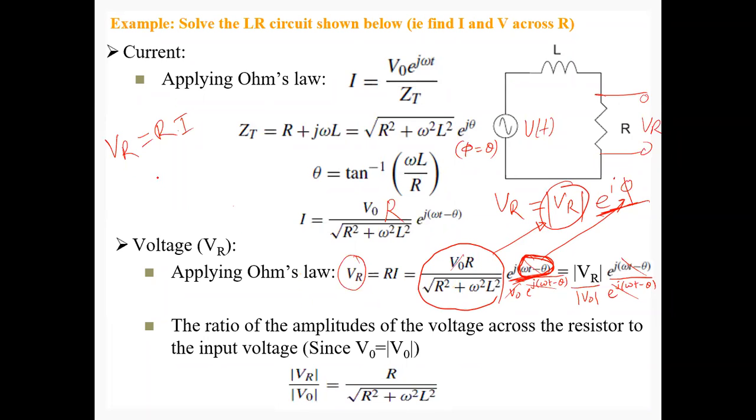Then what you have here is the absolute value of VR times e to the j, omega t minus theta.